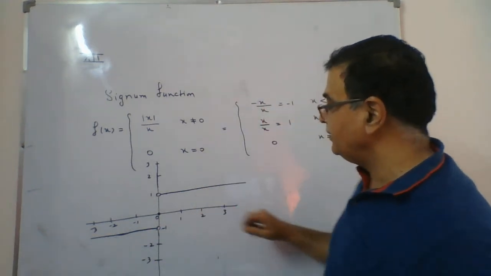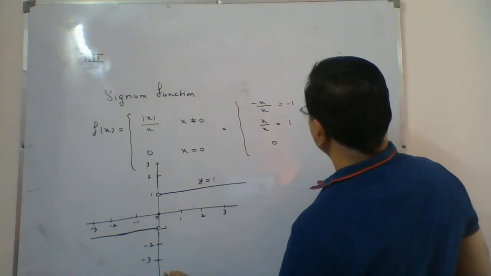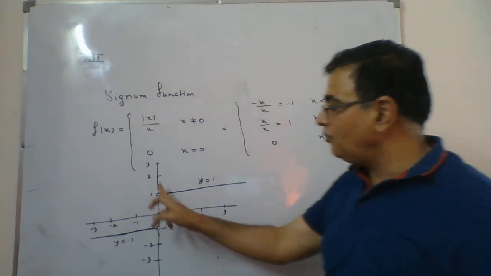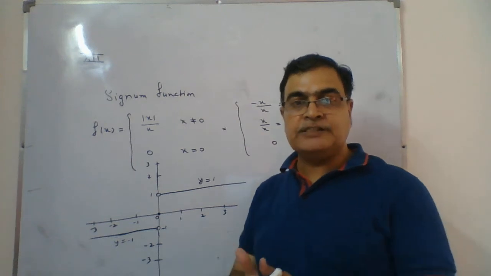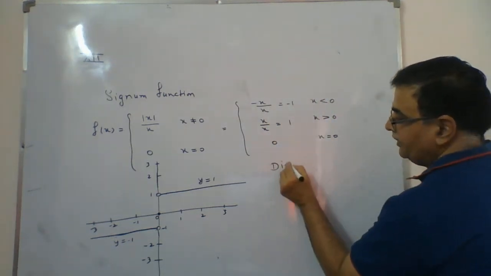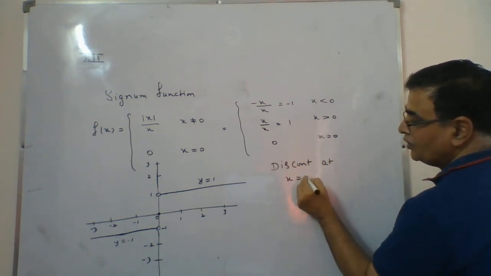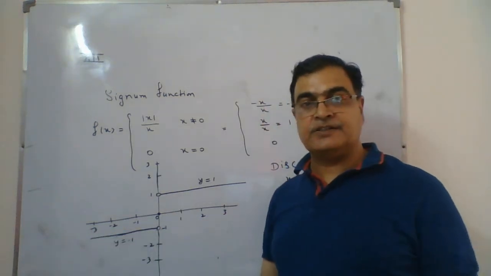In this part we have y equal to 1, and here we have y equal to minus 1. The only problem comes at 0. At 0 it is broken. So what type of function is it? It is discontinuous at x equal to 0.